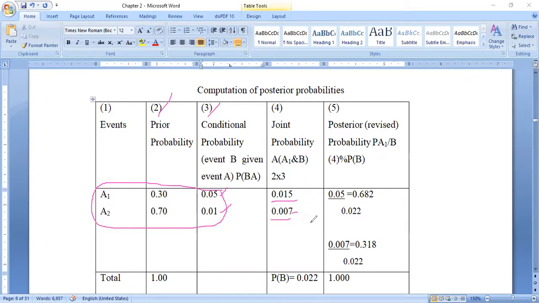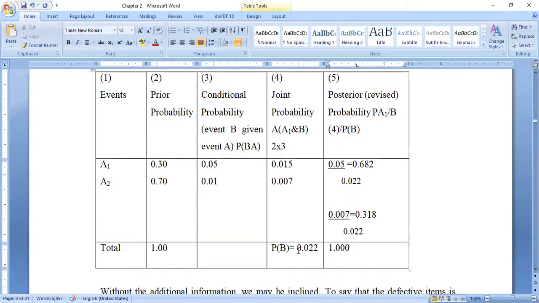After completion of the joint probability, calculate the posterior revised probability. Observe carefully: posterior revised probability is P of A1 given B, or simply the fourth column divided by P of B. P of B is here, that is 0.022.